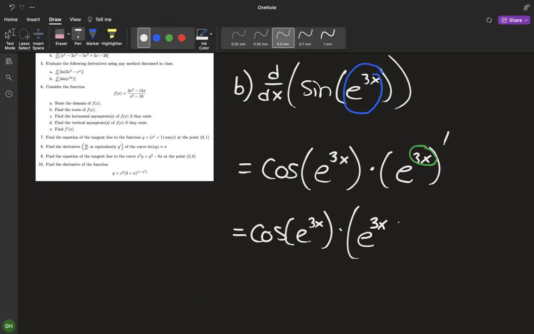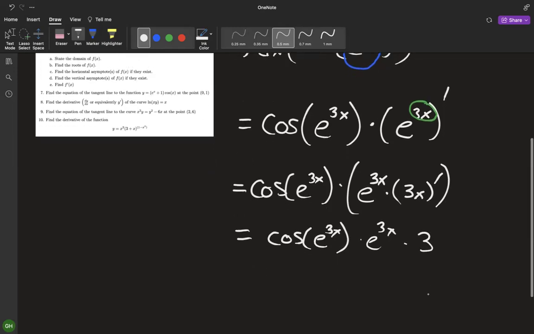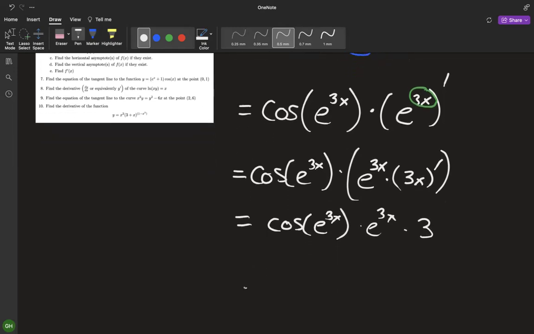And then my tax for making that assumption is I have to multiply by the derivative of whatever I covered up. So I get cosine e to the 3x times e to the 3x times 3. And that is my answer. Then I'm just going to rearrange to make it look prettier: 3 e to the 3x cosine e to the 3x.